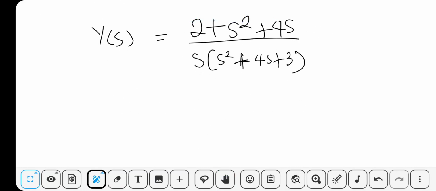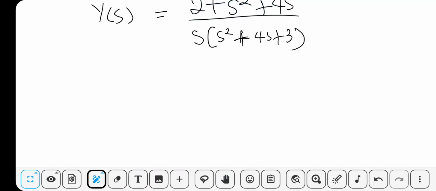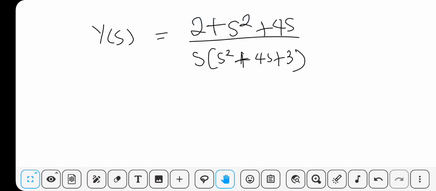So now that we have done this, we need to find the inverse Laplace transform of Y of s. But before we do that, we need to convert this Y of s to partial fractions. We need to get the inverse Laplace transform using the partial fraction method. That's the only way we can actually achieve this.